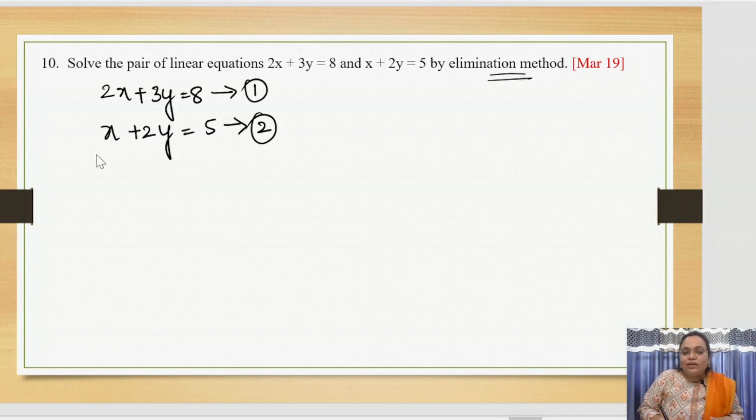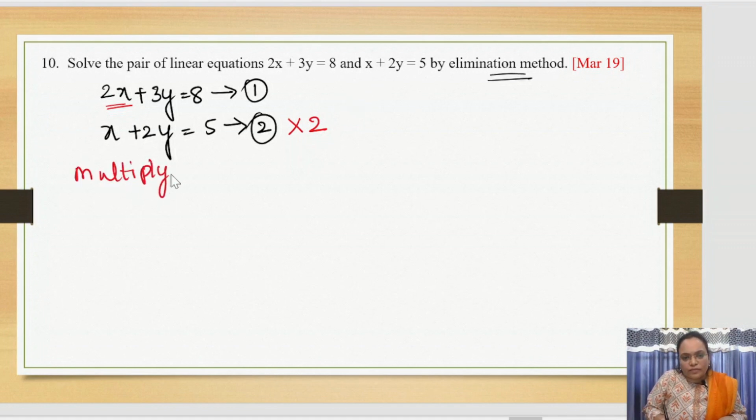So we will make the coefficients of a variable equal so that we can eliminate it. We will make the coefficients of the x variable equal. For that, we will multiply equation 2 with 2.